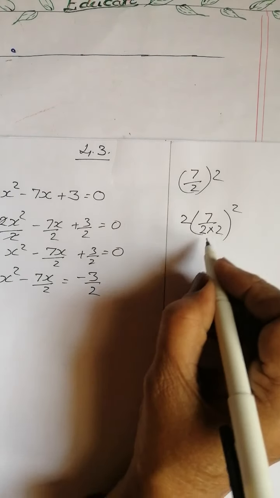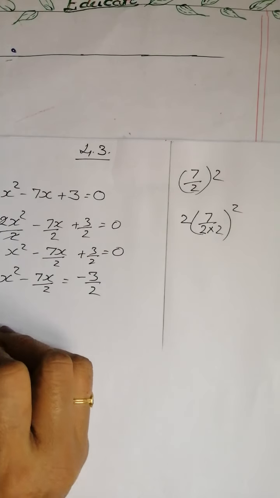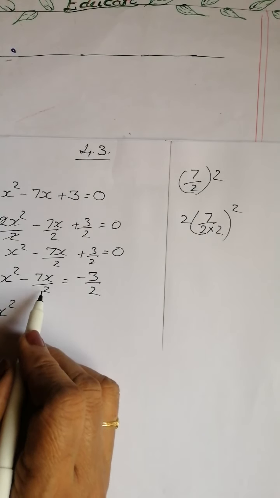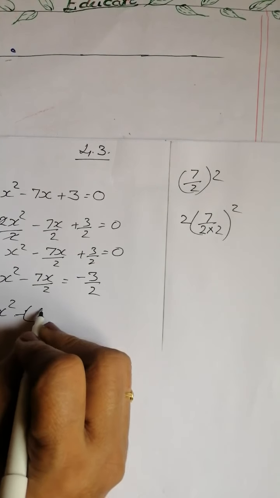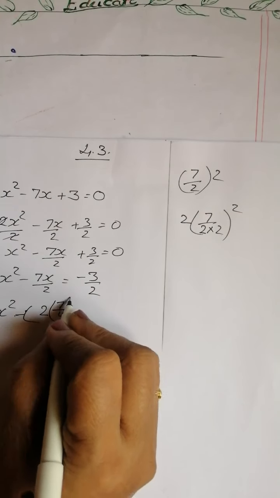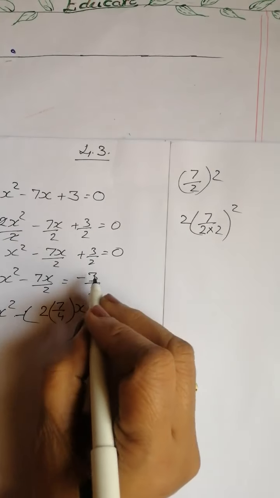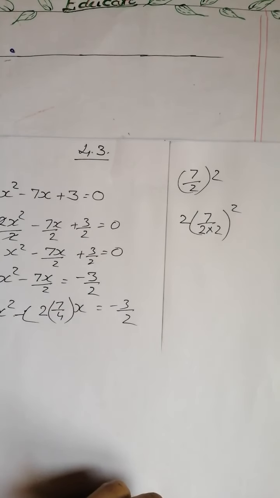Okay. After that, take this number and square it. So how will you get? x square, in place of this, I can write 2 times 7 by 4 x, then equals to minus 3 by 2. Got it? Clear?